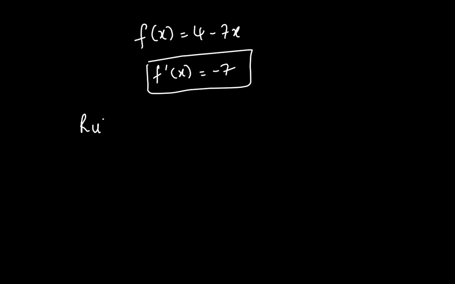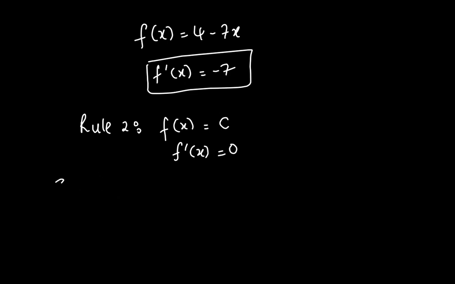Rule number 2 says that if you have f at x being equal to a constant, meaning any number or any letter that we are not respecting, the derivative of that will be 0.